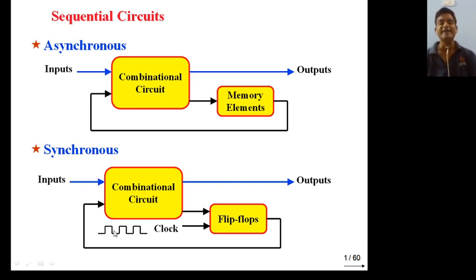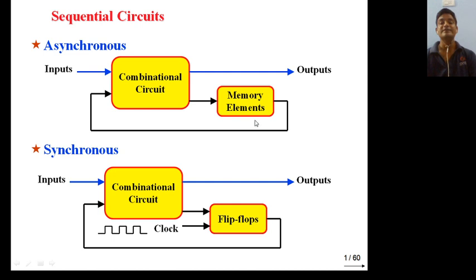So we can say that in synchronous sequential circuit, output changes in discrete intervals of time, but in asynchronous sequential circuit, output may change at any instant of time when input changes. This is your asynchronous sequential circuit and this is your synchronous sequential circuit.